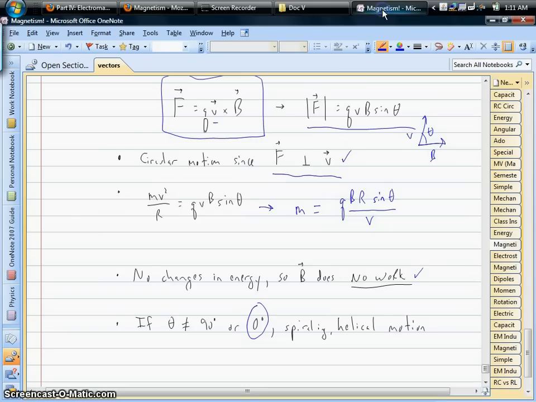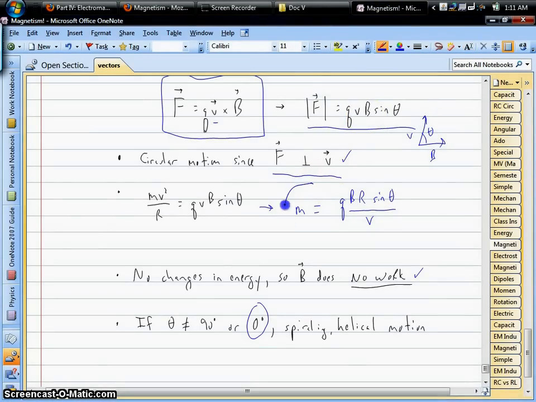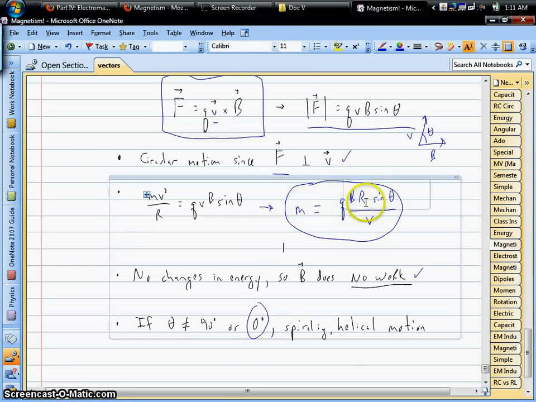Remember the mathematics here. You're looking at the mass right there. So what's the relationship between mass and radius? They're both coming in at the same speed. They both have the same charge, and they're both in the same magnetic field.